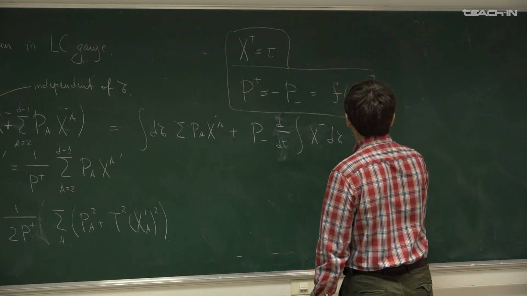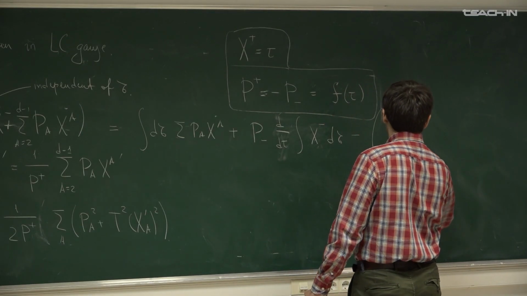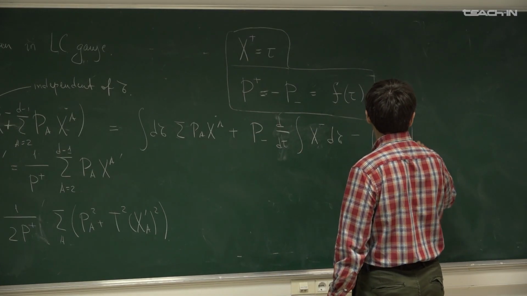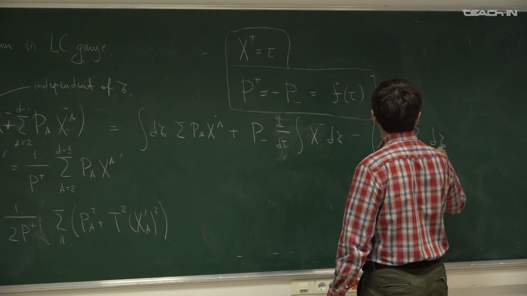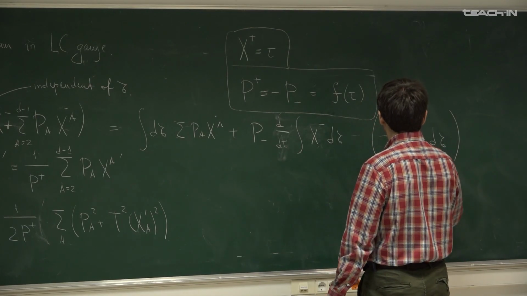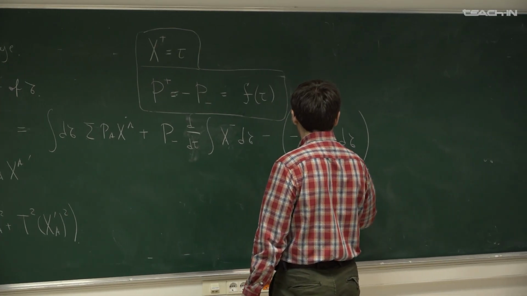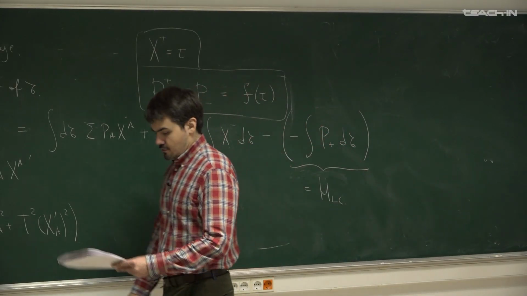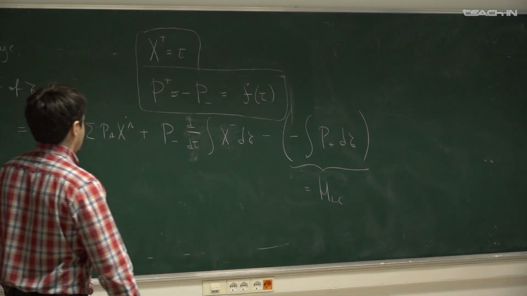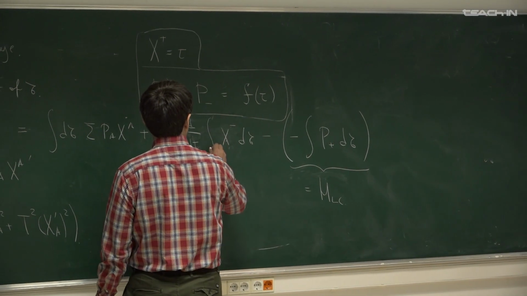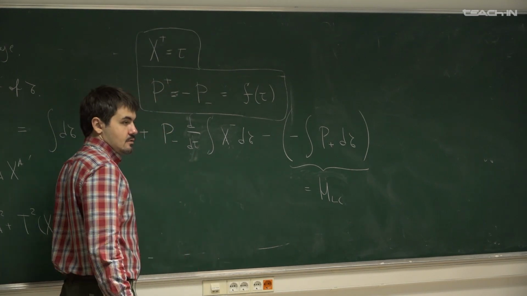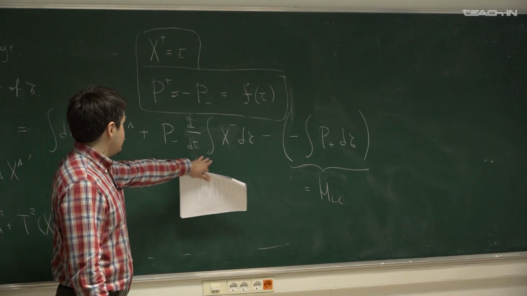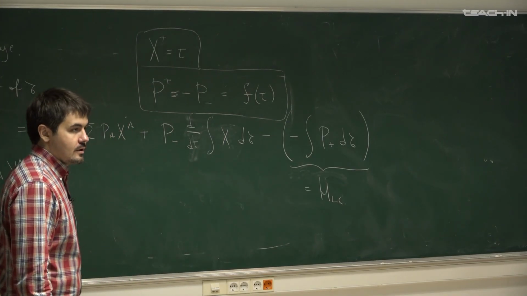And then we have minus the integral of p plus over d sigma. So this will be the light cone Hamiltonian of the string. What happened here is that we just took p minus outside of the integral, because it's sigma independent. And we just changed the order of integration and differentiation.